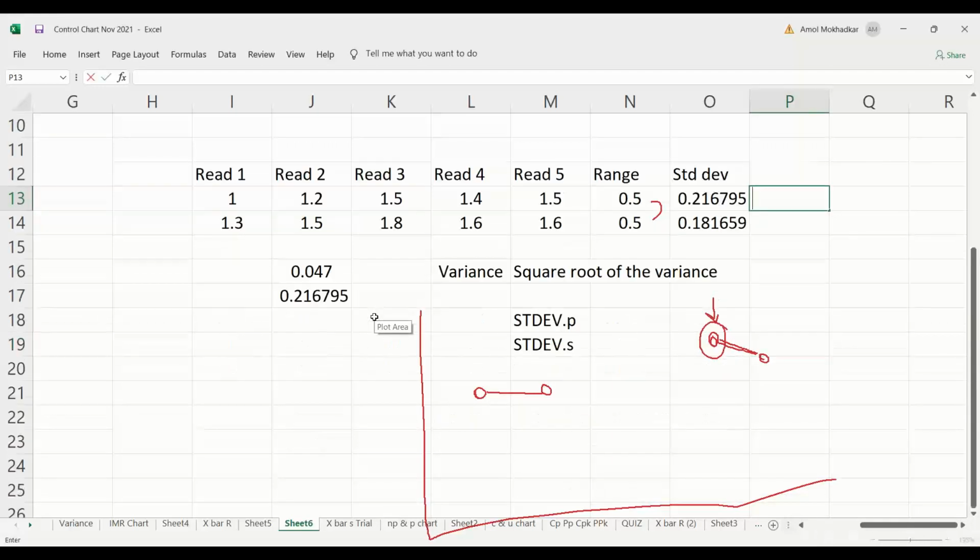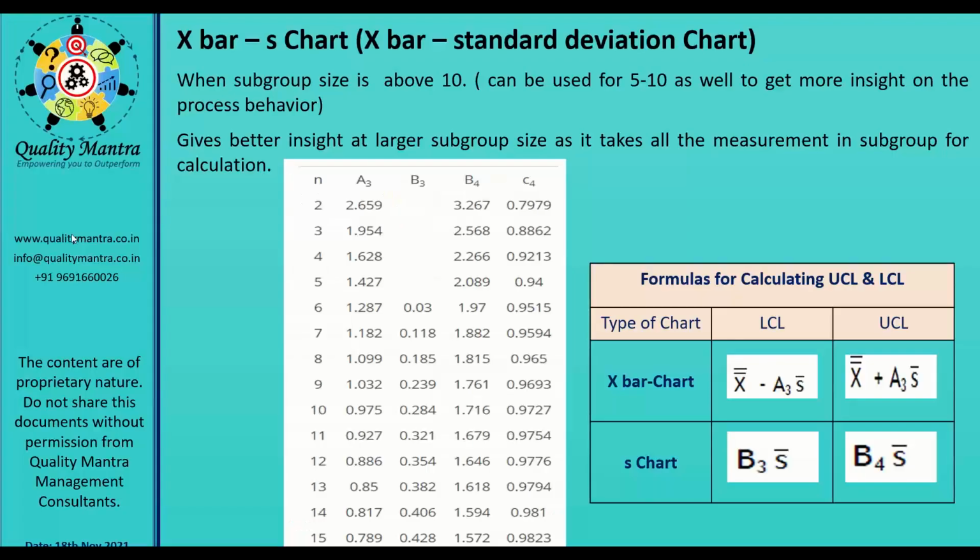The purpose of telling all these things is why we are going to use the standard deviation chart. The standard deviation chart is going to give you more information about the variation present in the data.